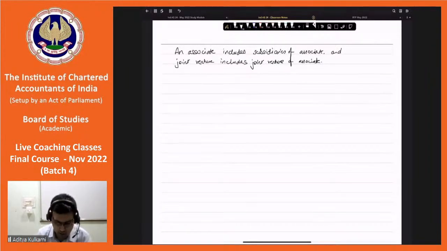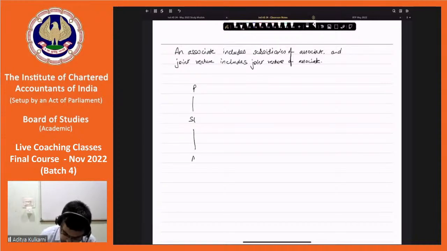Okay. So now suppose I have a case where parent has a subsidiary S1. S1 has an associate or a joint venture. Okay, we'll keep it as an associate A1. A1 has a subsidiary S2. Can I say that this is one group, parent and subsidiary, one group?